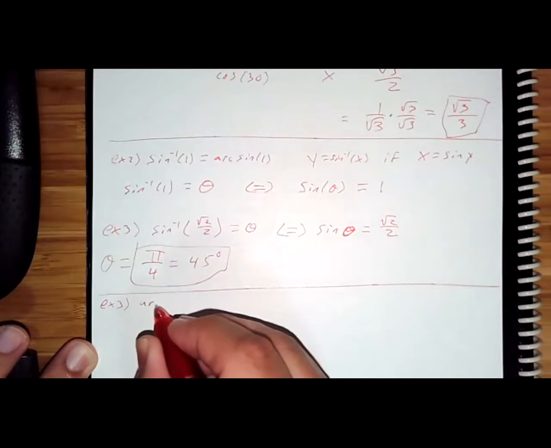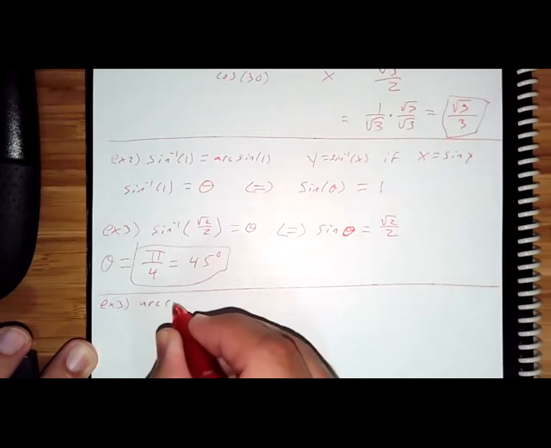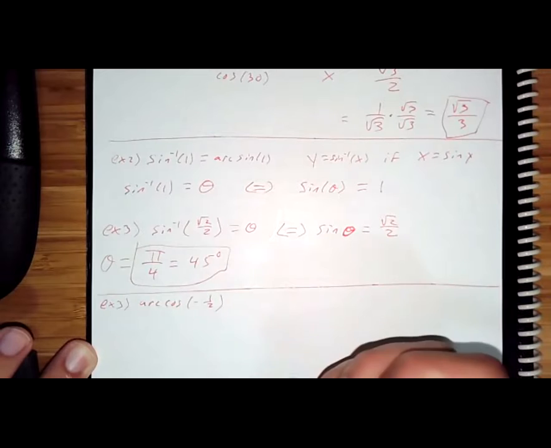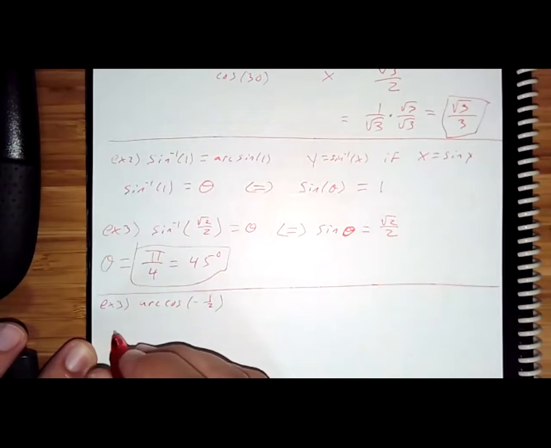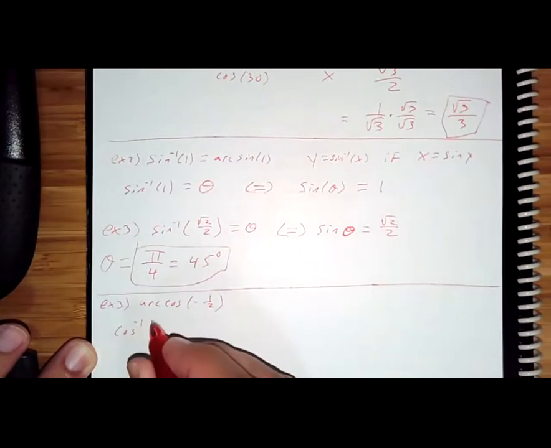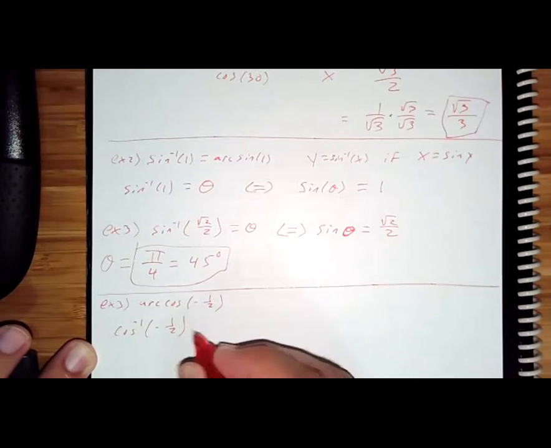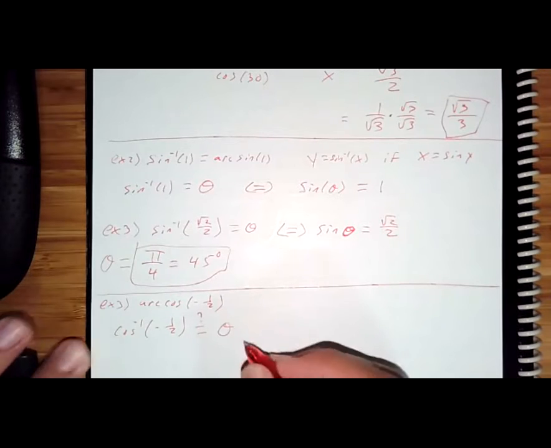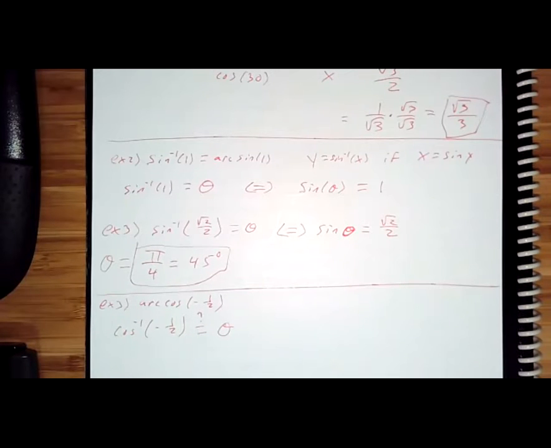The arc cosine of -½, or if you prefer the inverse symbols, cosine inverse of -½. They want to know what is the theta. What angle gives me a cosine, or an x value, of -½?